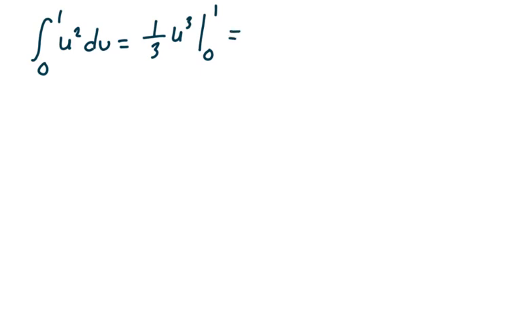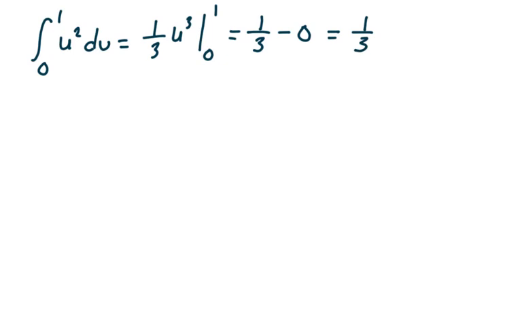Because now look, the integral from 0 to 1 of u squared du is 1/3 u cubed evaluated from 0 to 1. Replace u with 1, and I get 1/3. Then I go minus. Replace u with 0, I get 0.